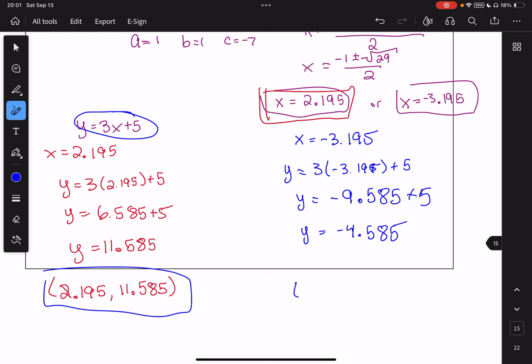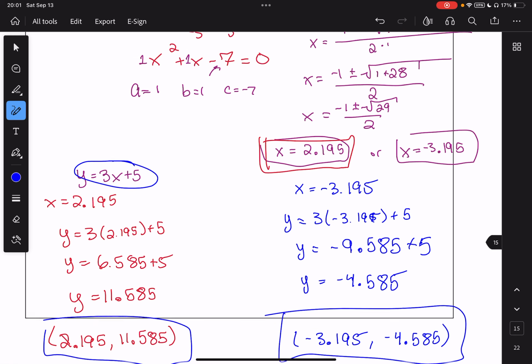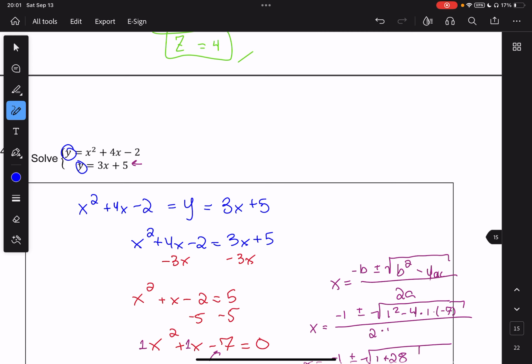So our coordinate looks like negative 3.195, comma, negative 4.585. That's our other solution. So we have two solutions for this, two ordered pairs. And that makes sense, because we have an x squared.